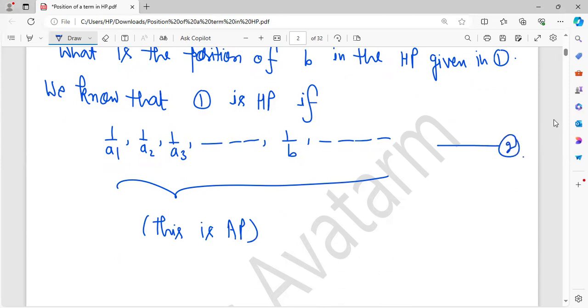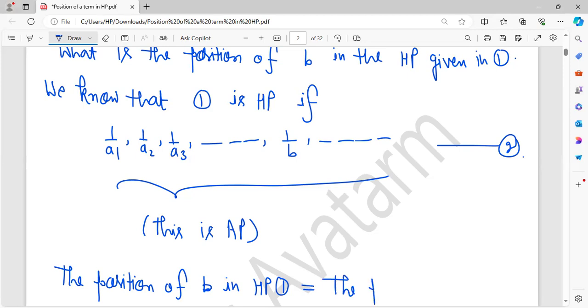So the position of B in HP 1 is equal to the position of 1 upon B in AP 2.